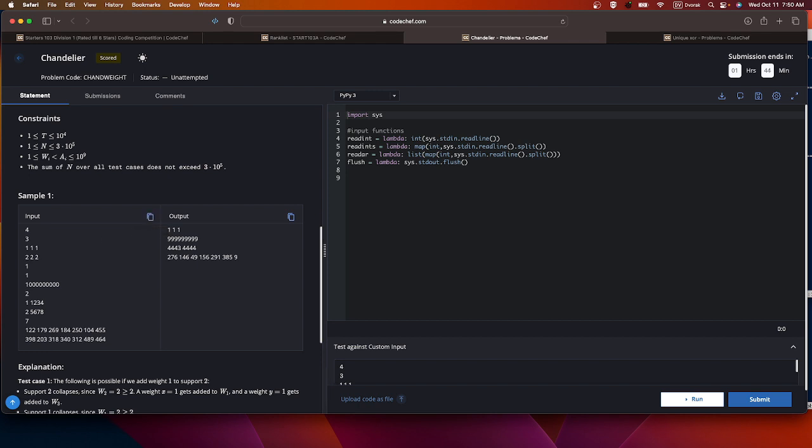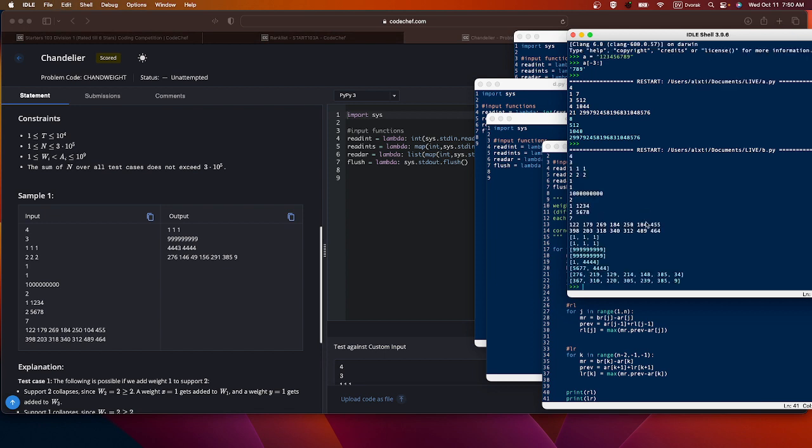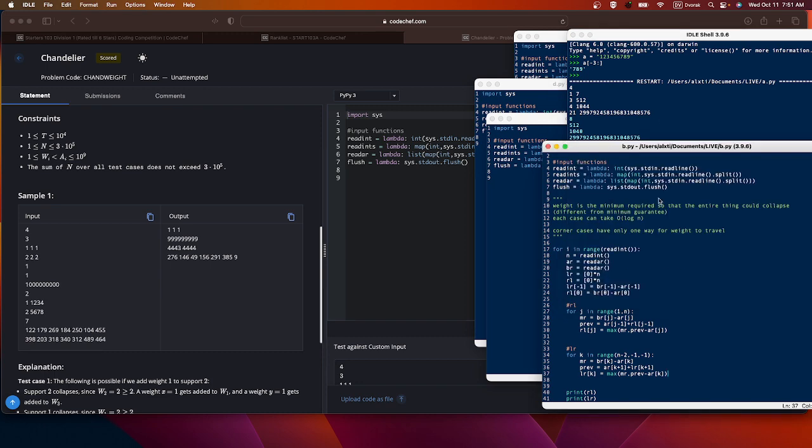Yeah, that should be the minimum amount we need to add on, right? So it does 276 first, then okay, I don't think 219 is correct though, is it? Yeah, I'm overestimating something here.